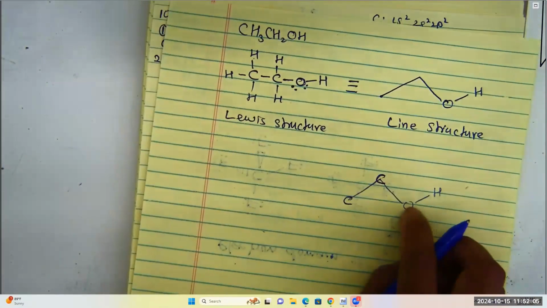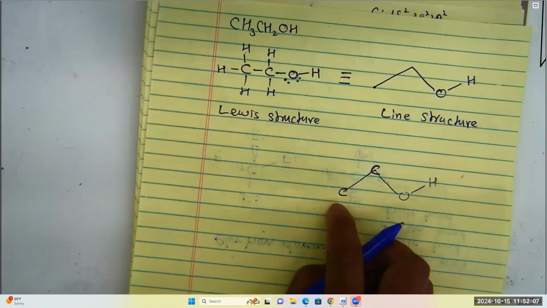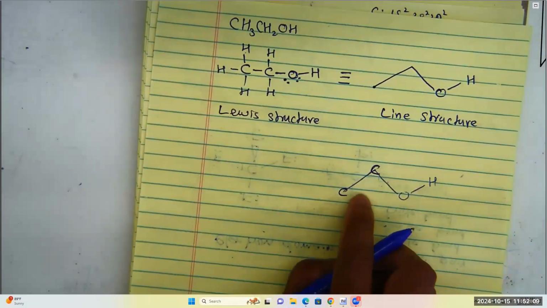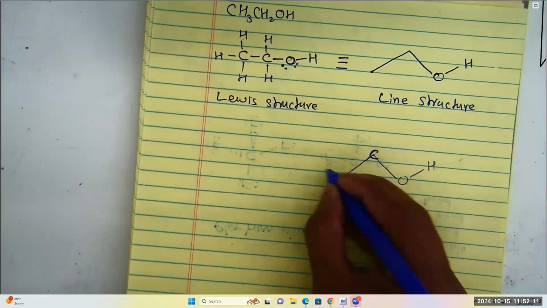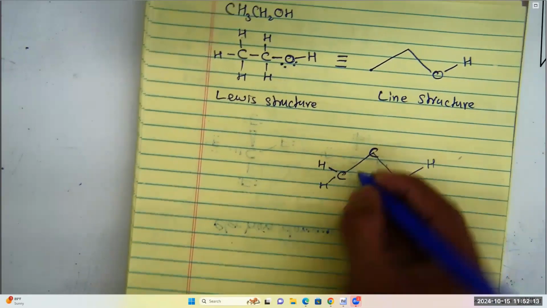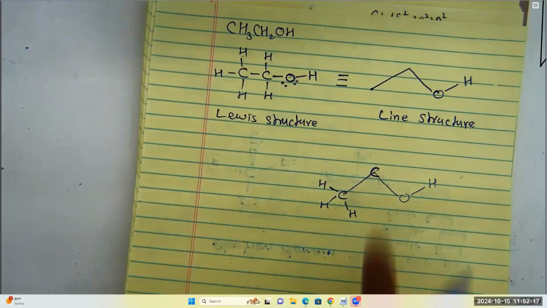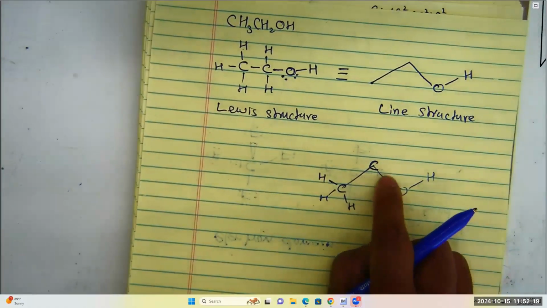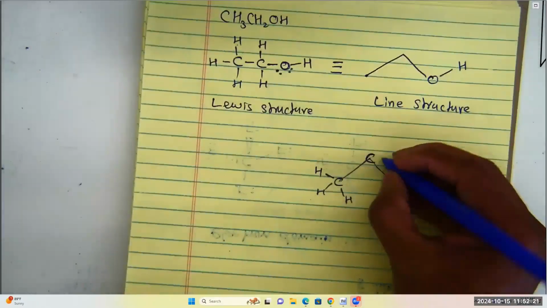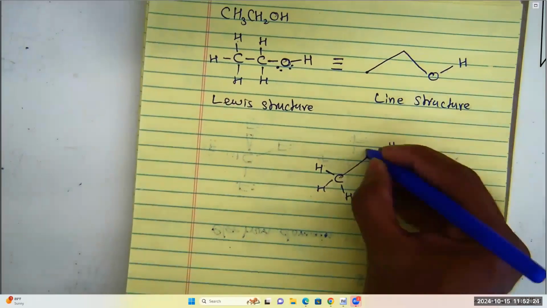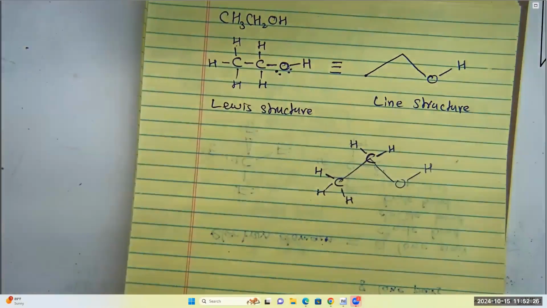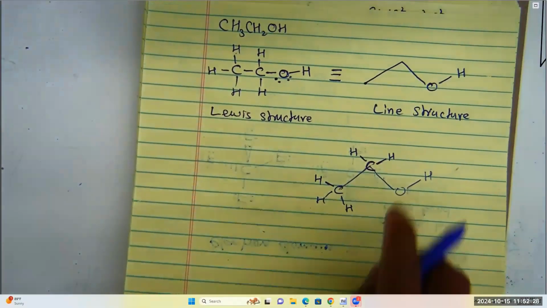Here's a bend, that is a carbon. And then we have an oxygen here, hydrogen here. This carbon over here has only 1 bond. Therefore, I need to add 3 carbon-hydrogen bonds to make that carbon have 4 bonds. And this carbon, on the other hand, has 2 bonds. Therefore, I need to add 2 carbon-hydrogen bonds to make it have 4 bonds around it.